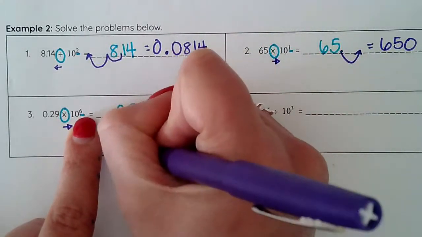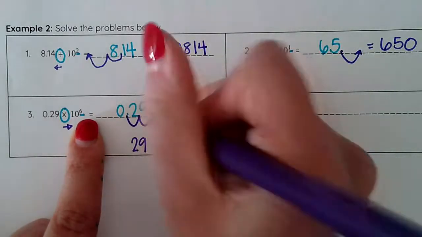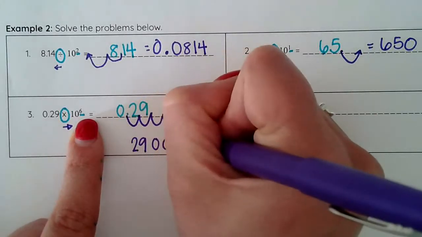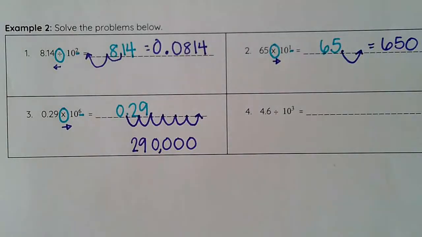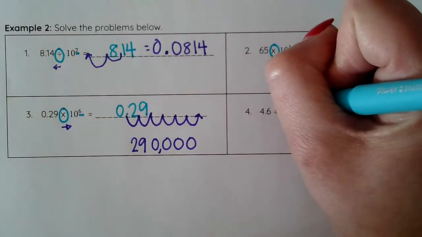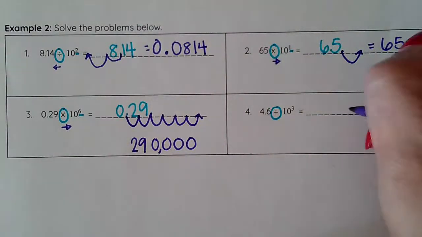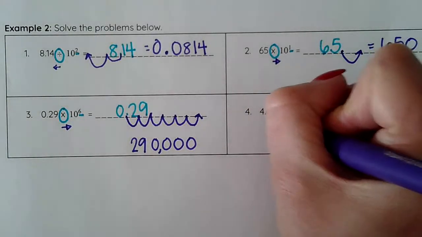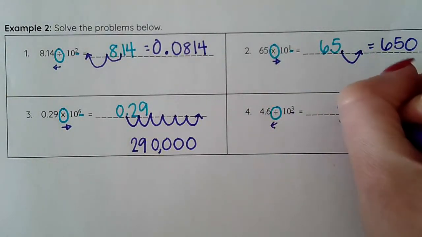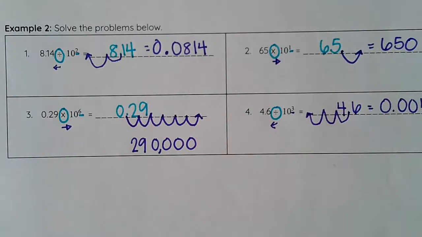I go ahead and rewrite 29 and notice that I need 1, 2, 3, 4 zeros to get my final answer. Last one here, we are dividing 4 and 6/10 by 10 to the power of 3. I go ahead and rewrite my number and I move my decimal to the left 3 times, getting me a total of 46 ten thousandths.